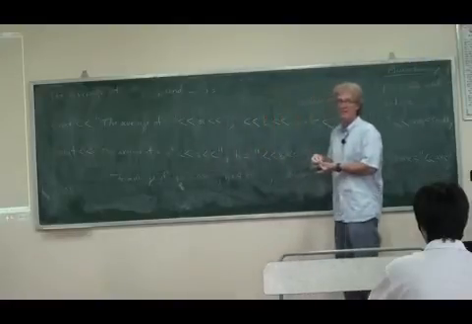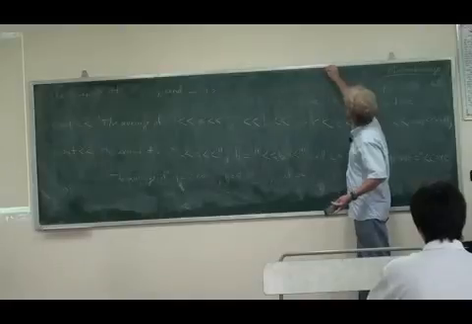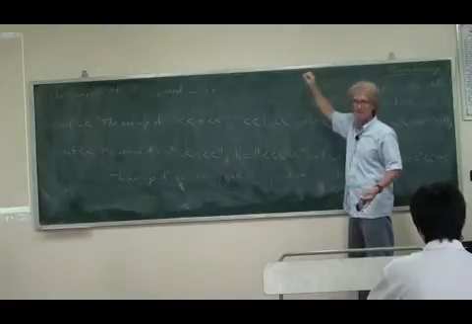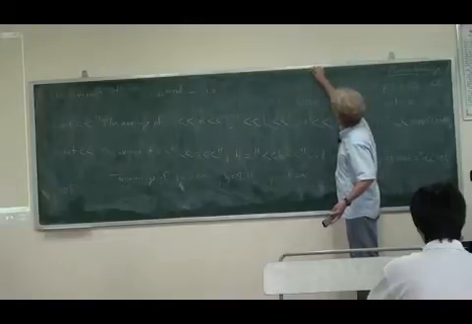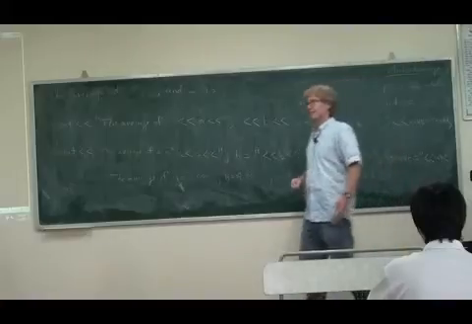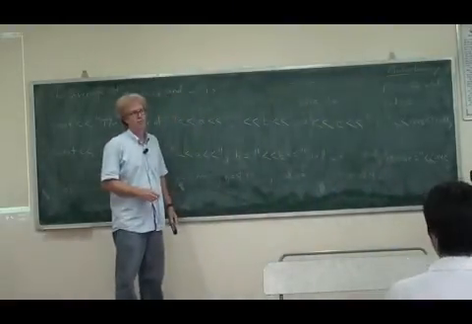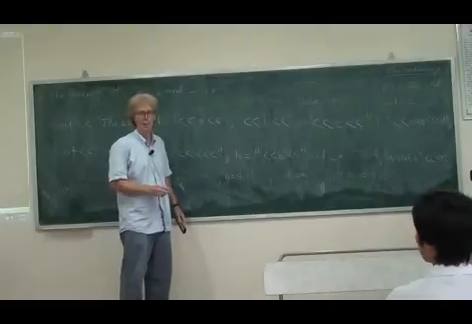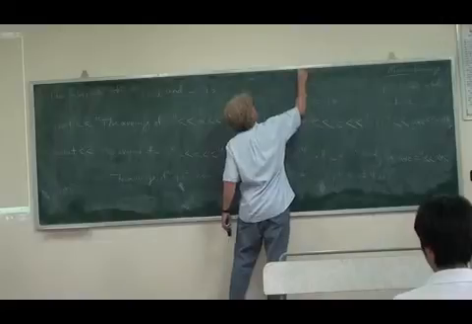So in base 16, the first place would be the numbers between 1 and 15. Right? The second place would be the number of 16s. The third place, 16 times 15 is 160, 80, 240. So this would be the number of 240s.